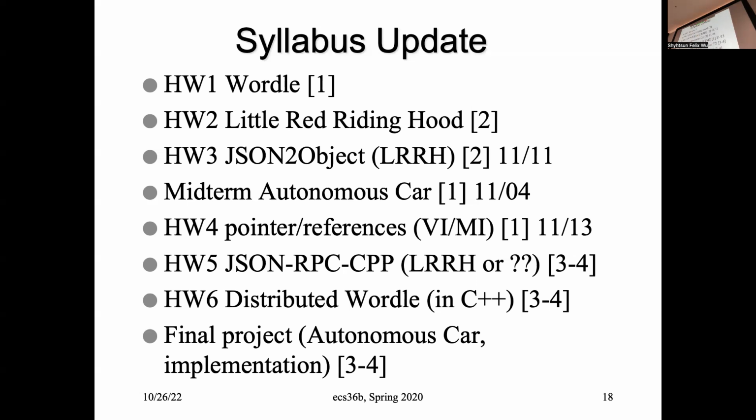When that server receives it, they call JSON to object and convert it back to the C++ object. So if that object represents a person, then what you just did is move a person from one corner of the world to the other corner of the world. This is called object mobility.